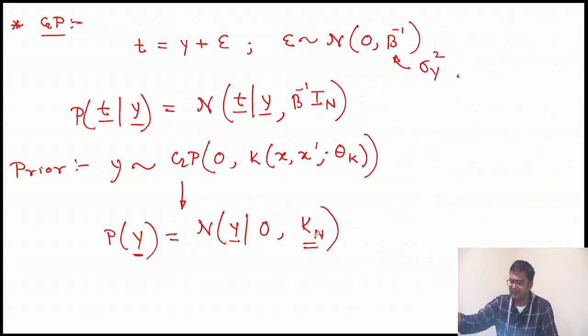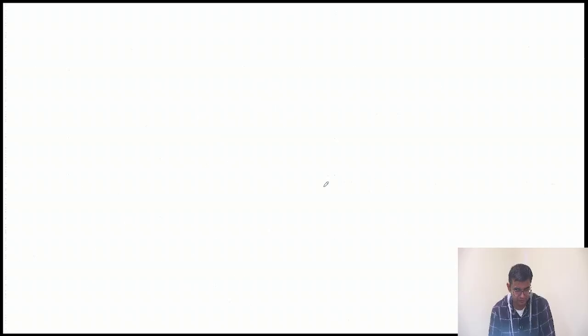And Kn is actually not known to you because theta k is not known to you. So Kn is in terms of theta k. It's not that Kn is known to you. Kn is unknown to you, because theta k is something we need to compute. So this is my prior. From there, we go to the marginal likelihood. And still we are in the last lecture.